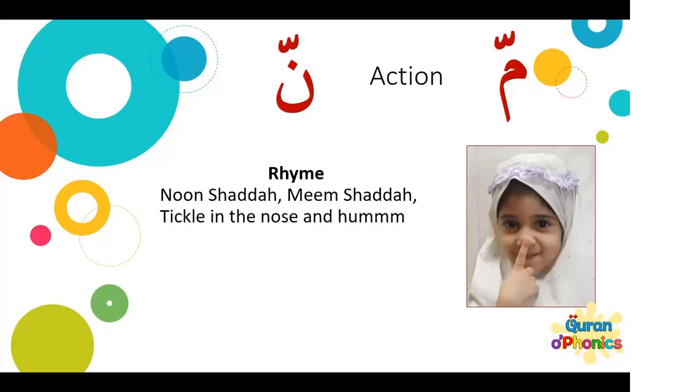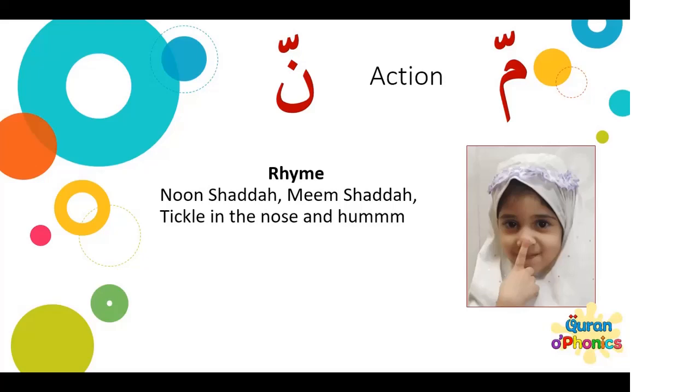And even if they close their nose, for example, I used to do this with my students, say thum, and then close your nose and try to say the same thing. If the sound stops, that means you're saying it correctly, and you need to feel that tickling feeling in your nose a little bit.